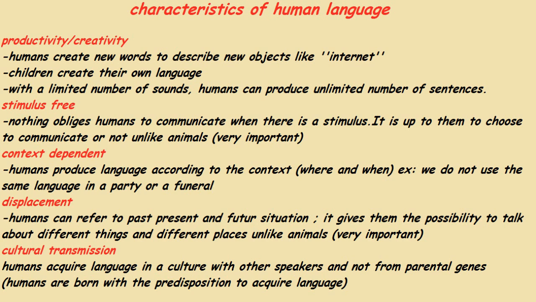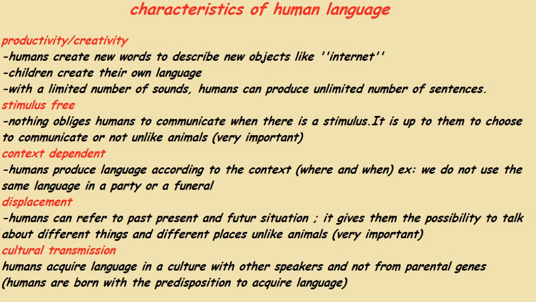Now, another characteristic, the fourth one, that is quite important, is called displacement, right? Humans can indicate time. They can talk about past, present, or future. But animals cannot do that. Animal communication is limited to here and now. Unlike humans, who can refer to past and future, and even present.